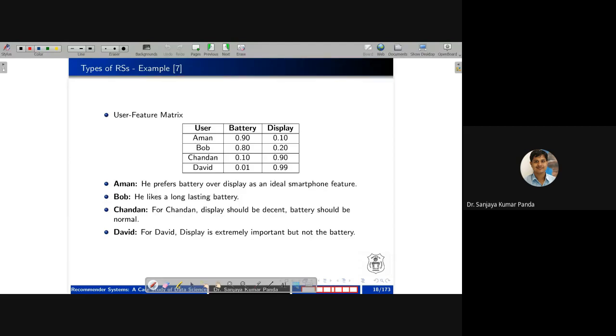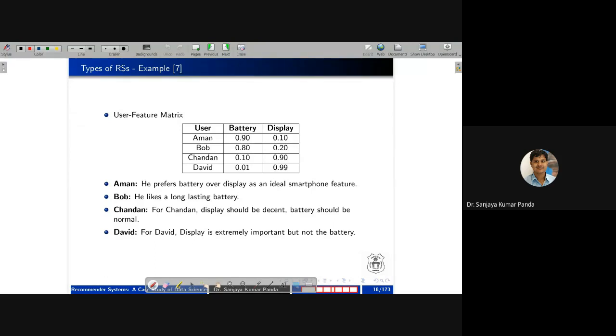The features are, yes, one is battery, another is display. Aman has given a statement that he prefers battery over display in an ideal smartphone. So he has given 0.9 for battery and 0.1 for display.